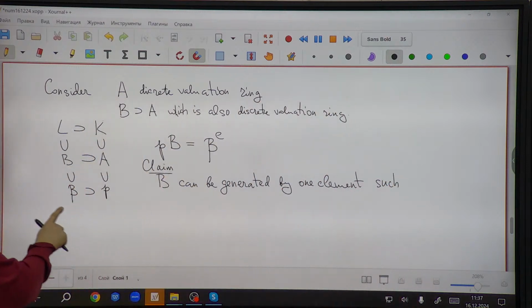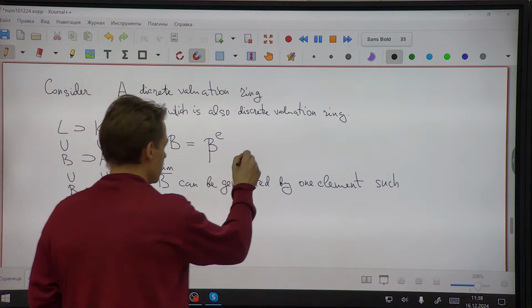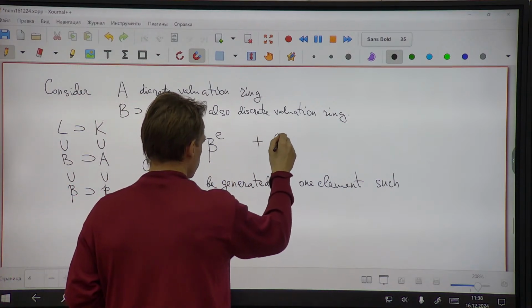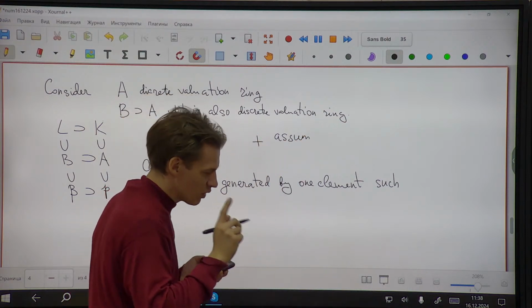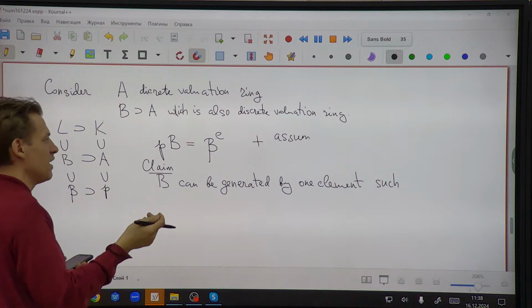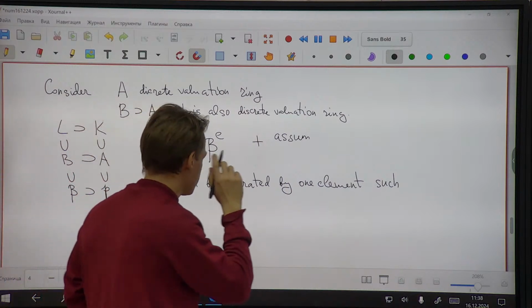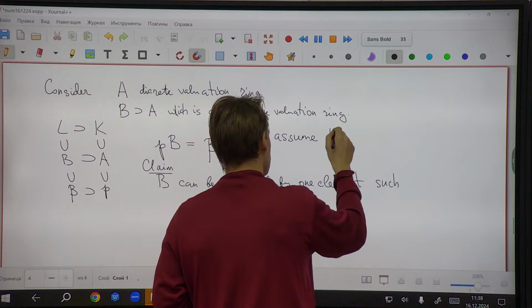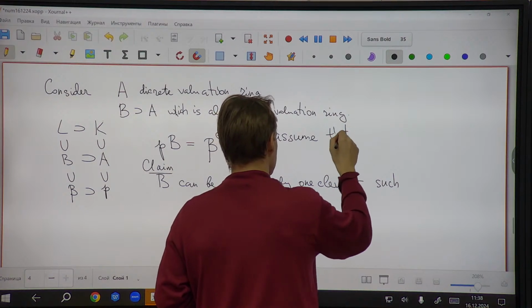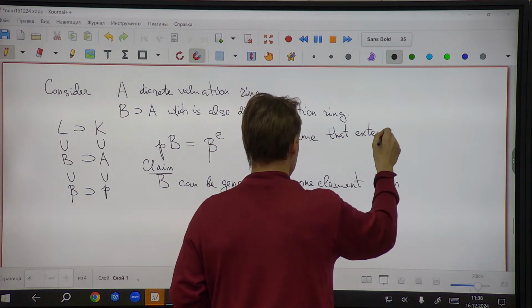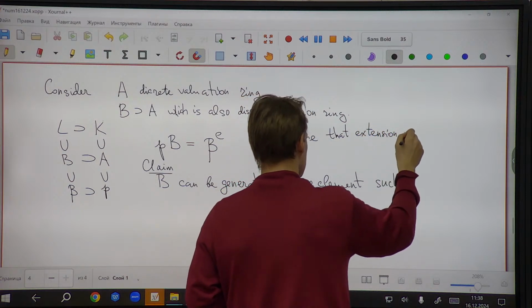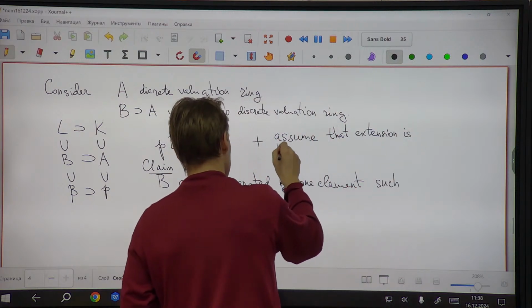Also, sorry, I forgot to say, we also assume that this extension is, so e equals... no, no, one, sorry, separable. Not vice versa. Totally unramified. So assume that the extension is totally unramified.